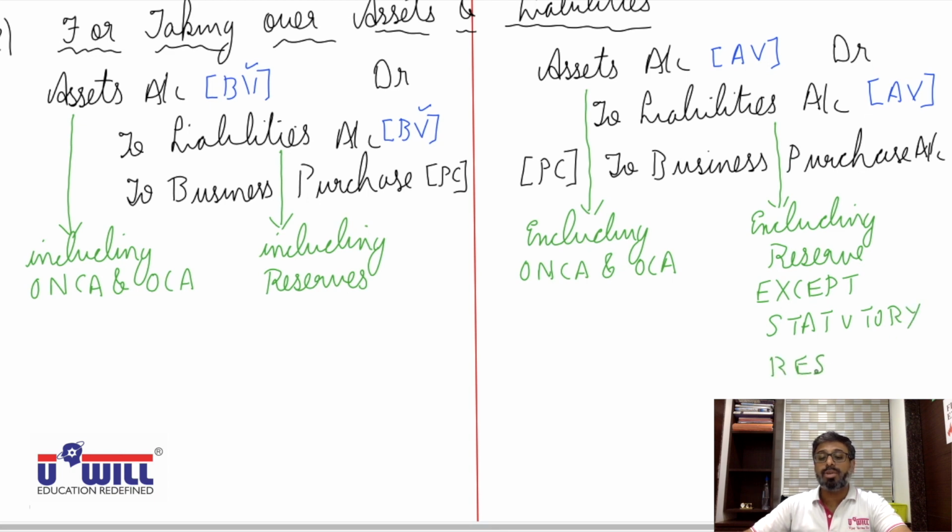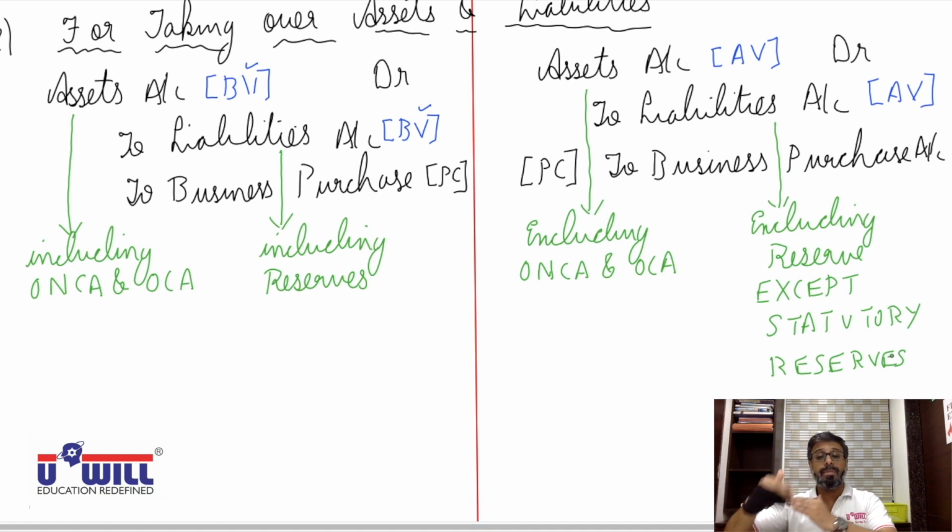Statutory reserves are those reserves which are compulsory to be maintained for certain number of years as per the respective law, statute. For example, if we talk about tea and plantation companies, then they maintain development rebate reserve. As per the law, that development rebate reserve is to be continued for 5 or 7 years.